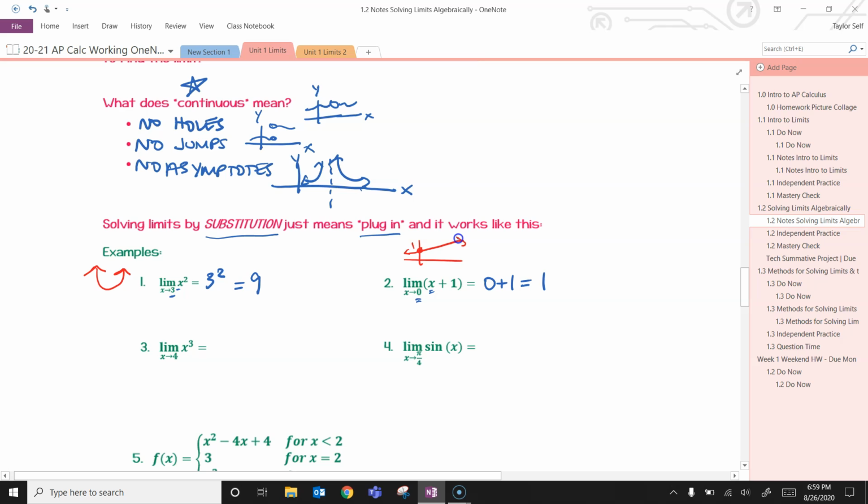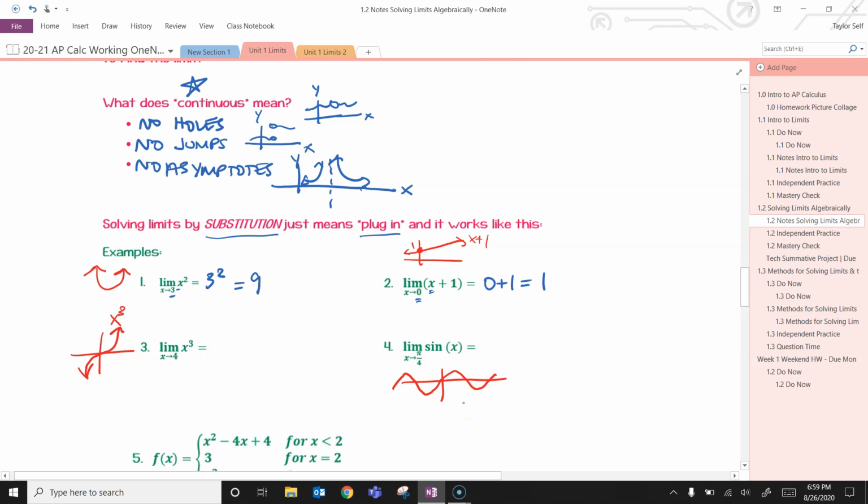Does it have holes, jumps, or asymptotes? No, so it is continuous. X cubed is continuous, and it looks like this. Sin x is continuous too, and it looks like this. No holes, no jumps, no asymptotes.